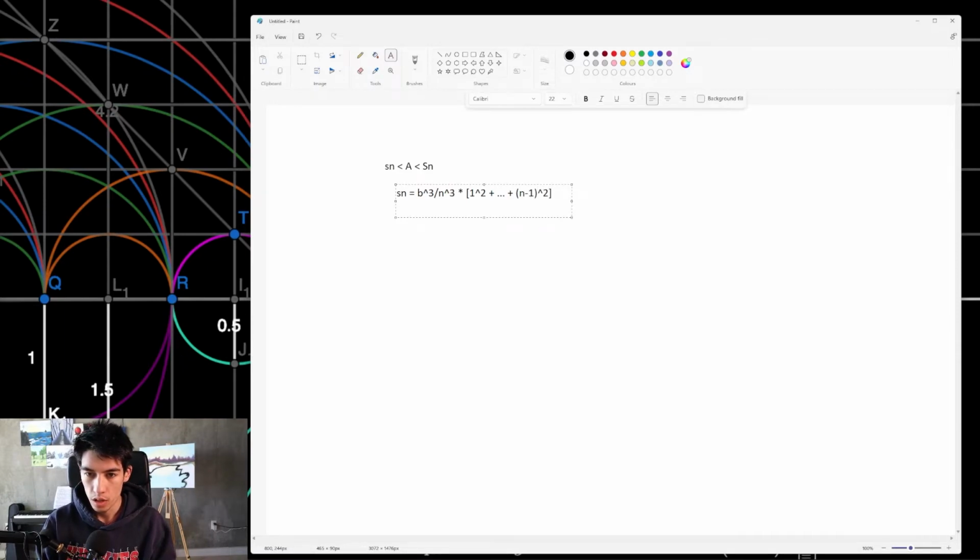And we know that the sum of squares is equal to a closed form variant, which is n cubed over 3 minus n squared over 2 plus n over 6.